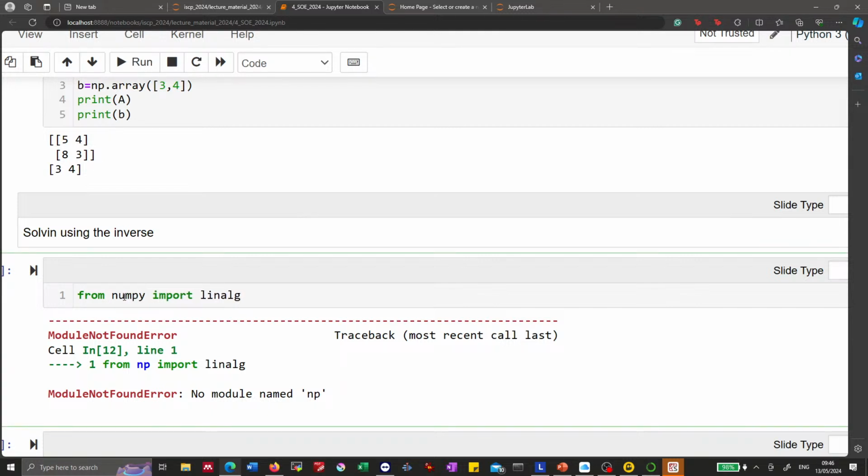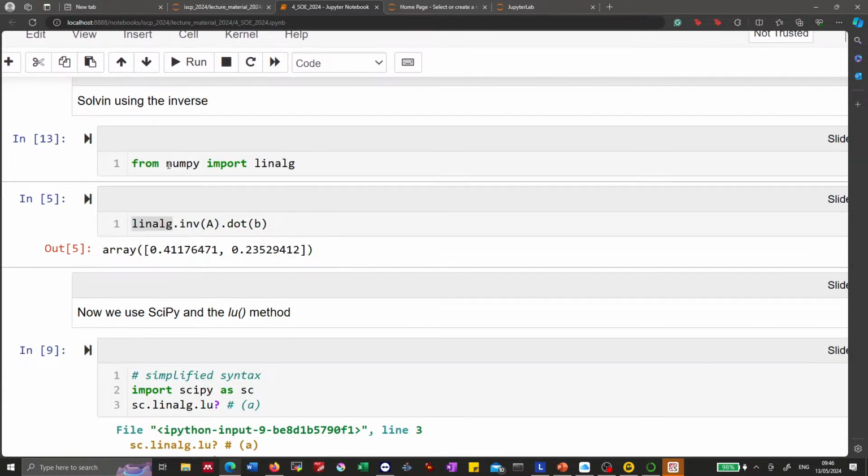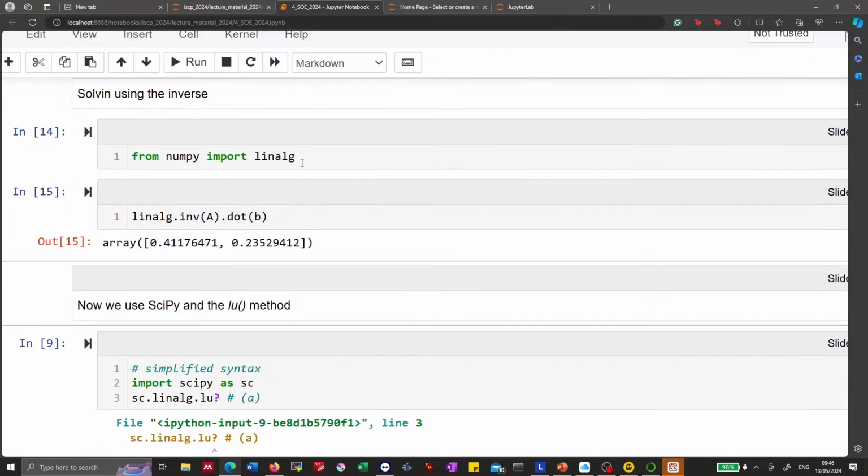Was it like this? Maybe, right? So from NumPy, we import the submodule linear algebra that allows us to compute the inverse of the matrix numerically. Right? So when we do this, we get two numbers because we have a two-component solution vector. Component 1 will be 0.41, the other one will be 0.235.